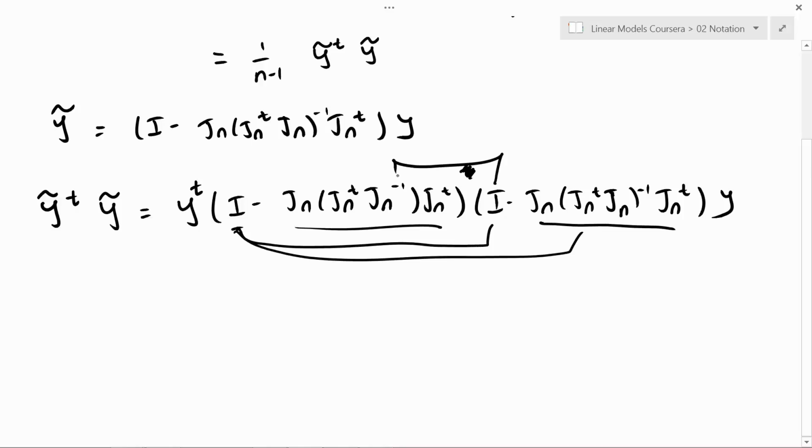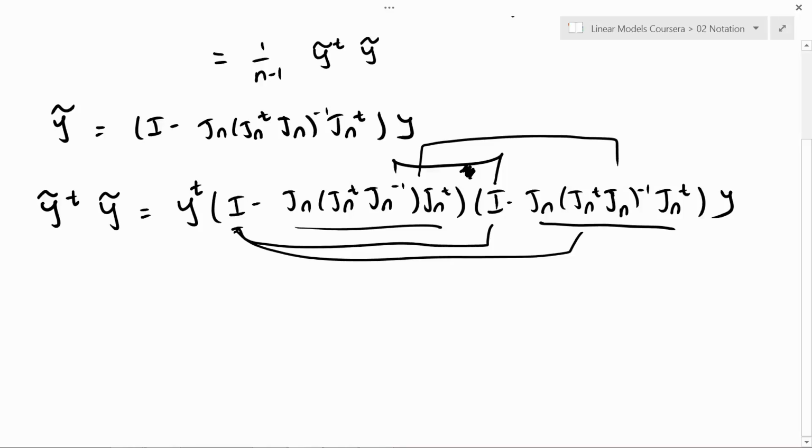Then I times the hat matrix this way is also just itself. So we get minus 2 hat matrices, and then the hat matrix times itself is idempotent. In other words, if you multiply it times itself, you get itself back. So we get negative 2 hat matrices plus 1 hat matrix, so we get I minus the hat matrix again.